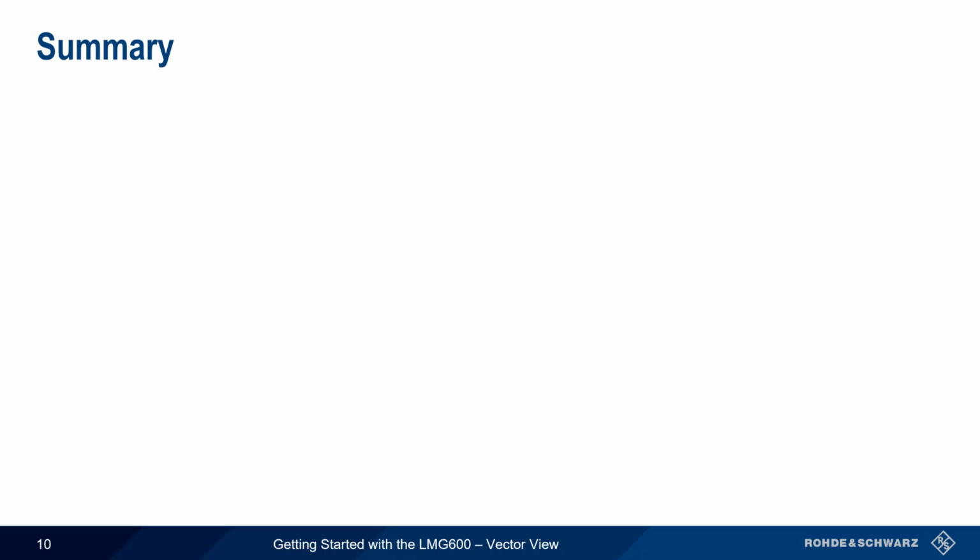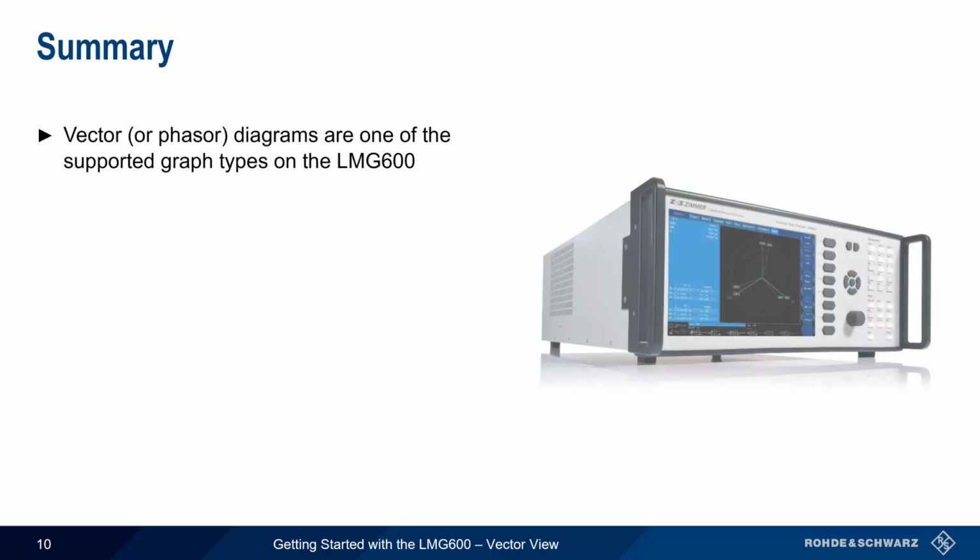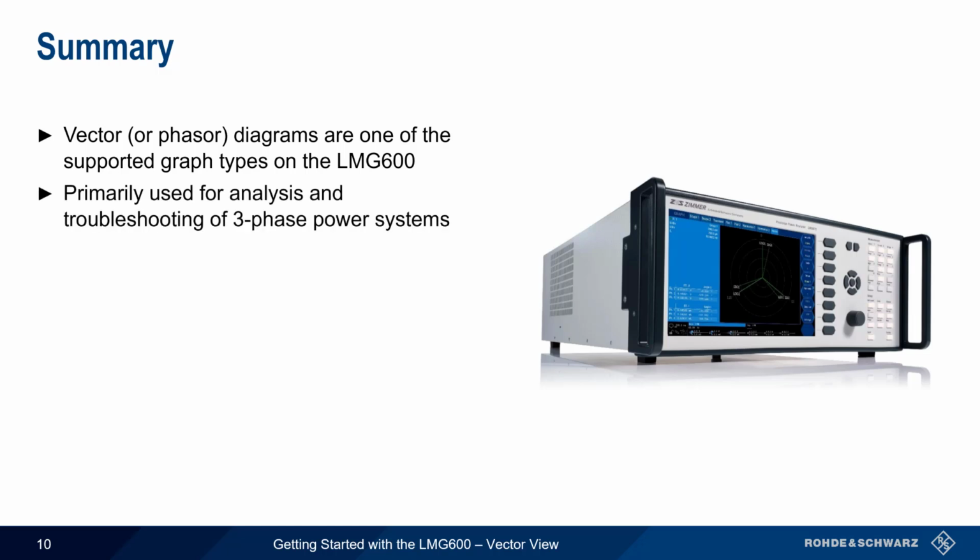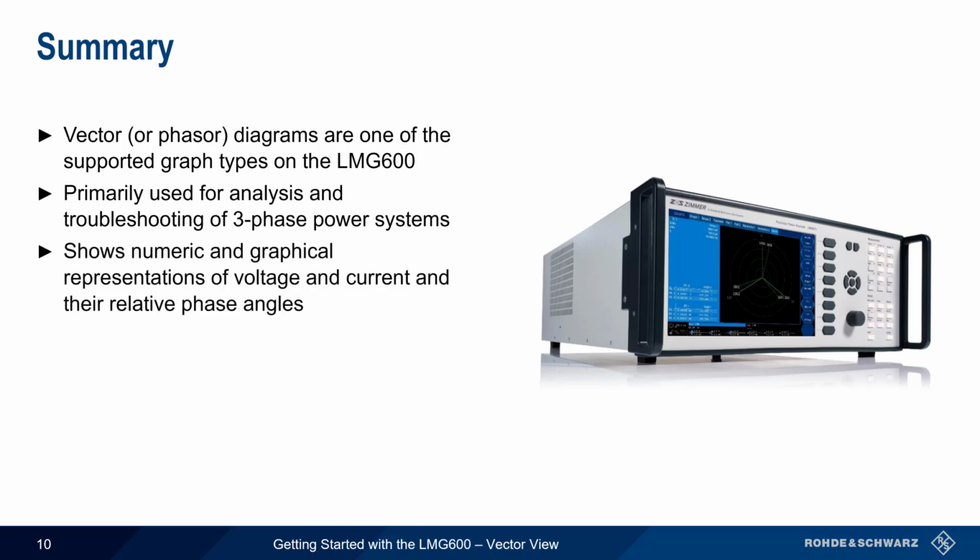Let's end with a brief summary. Vector or phasor diagrams are one of the graph types supported on LMG600 series precision power analyzers. These types of diagrams are primarily used for analysis and troubleshooting of three-phase power systems and applications. On the LMG, this view shows both numerical and graphical representations of voltage and current, as well as the relative phase angles between them.